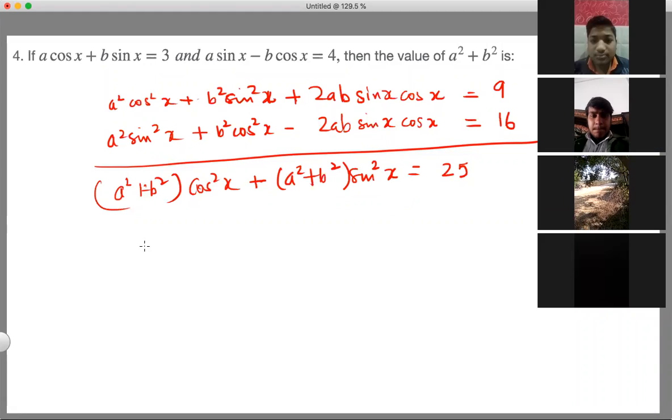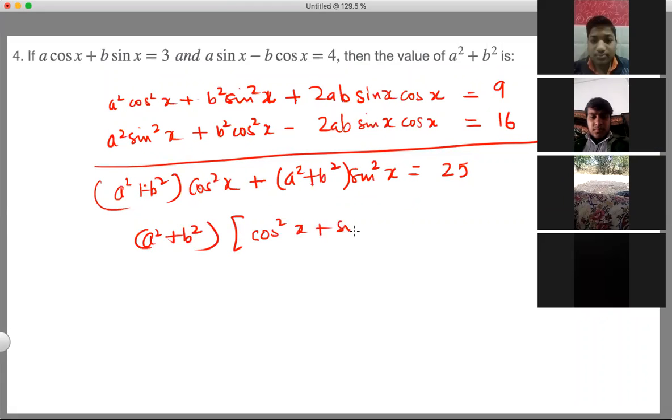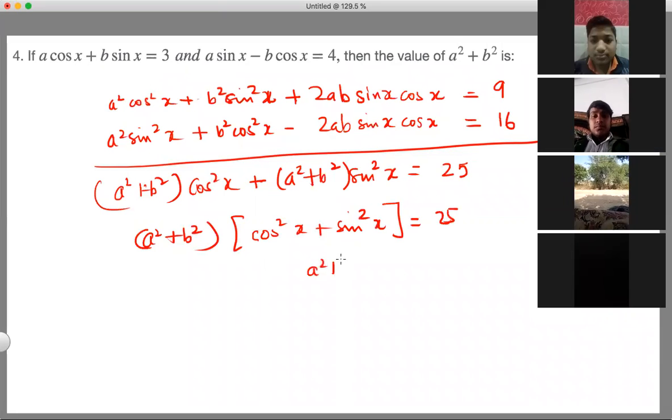Okay, we take A square plus B square as common. In the bracket we will have cos square x plus sin square x, which is equal to 1. So we are left with only A square plus B square is equal to 25.